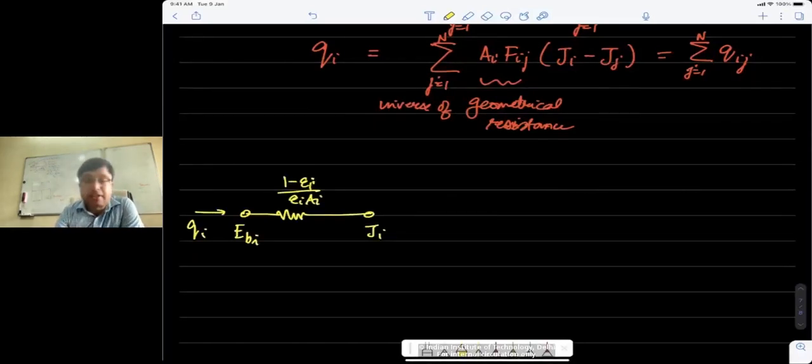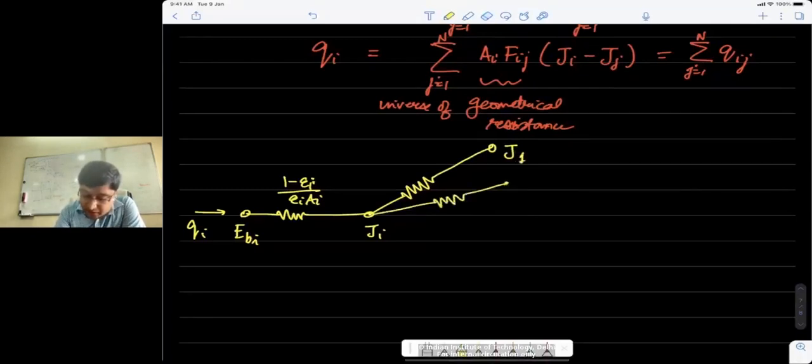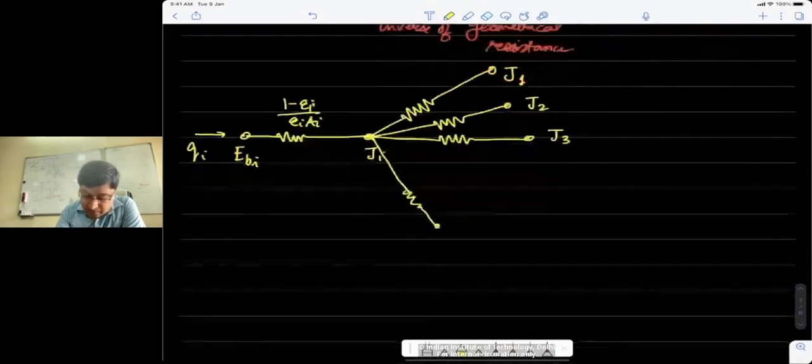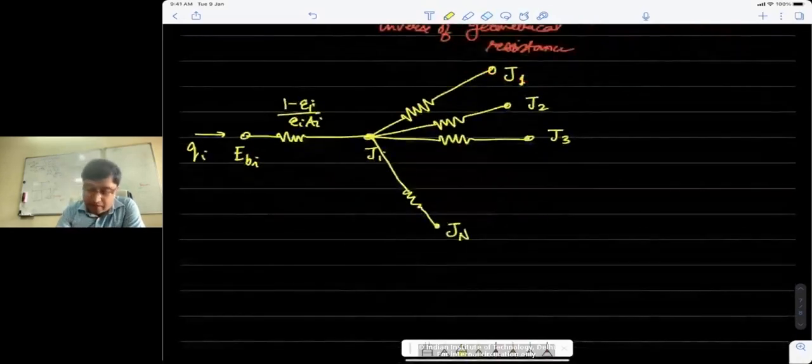Now beyond this Ji, there is an additional set of resistances between the potentials of Ji and J1, J2, J3, maybe till Jn, where all the surfaces are there.